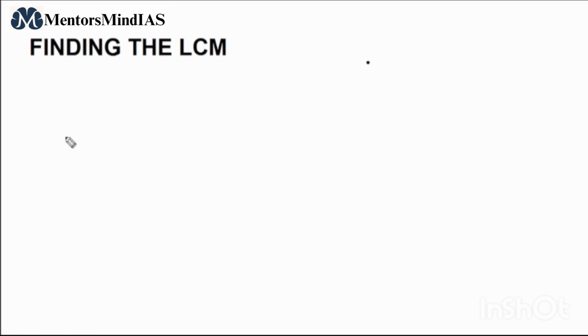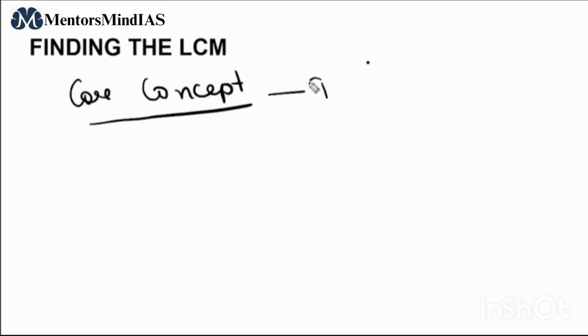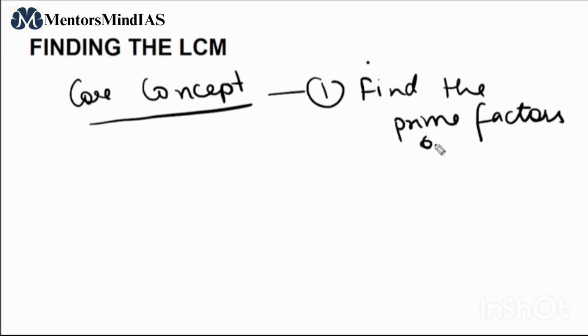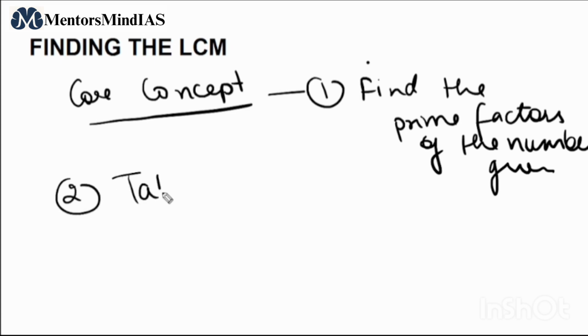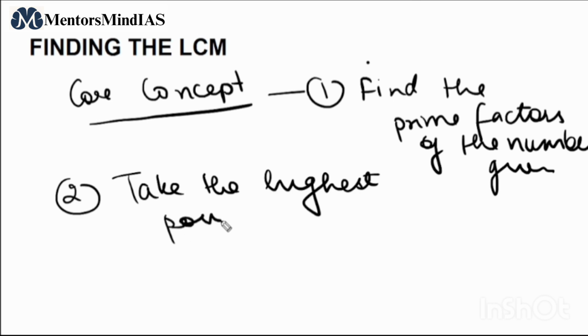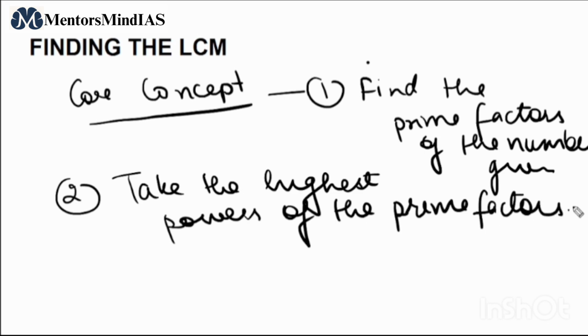For finding the LCM, the core concept is, the basic steps are: find the prime factors of the numbers given, then take the highest powers of the prime factors. I am going to just explain this in a second.